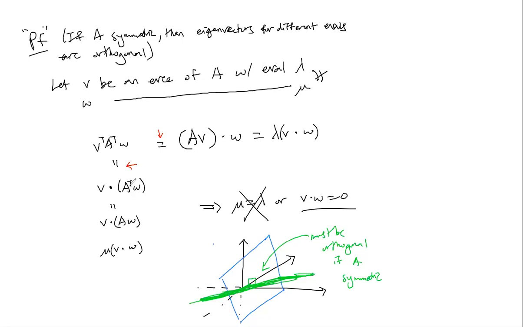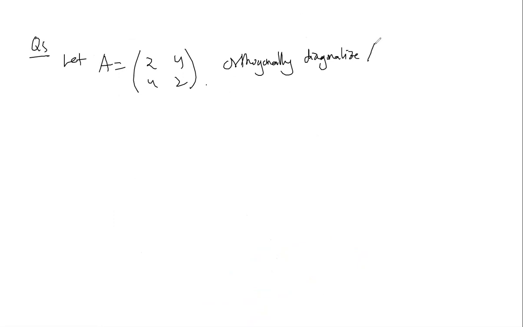So any questions on what's going on right now? If we give you a question, something like this, let A equal 2, 4, 4, 2, and I say orthogonally diagonalize A, what that means is you just want to diagonalize A, and then make sure your eigenvectors are all orthogonal.